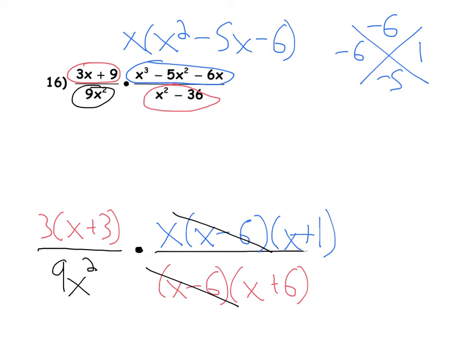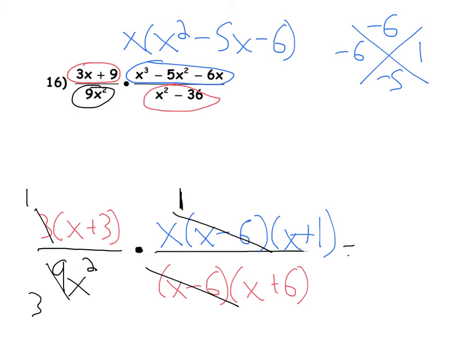Also, right out in front, I have a 3 over a 9. Both of those are divisible by 3, and that should give me 1/3. I have x over x squared. Remember that x has an exponent of 1.